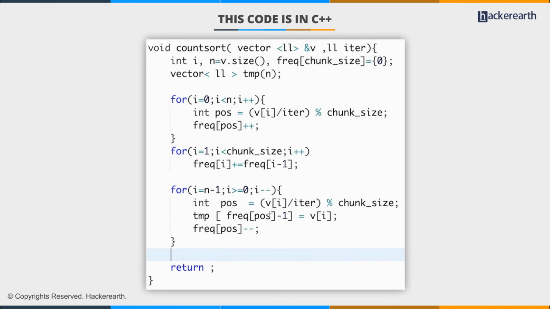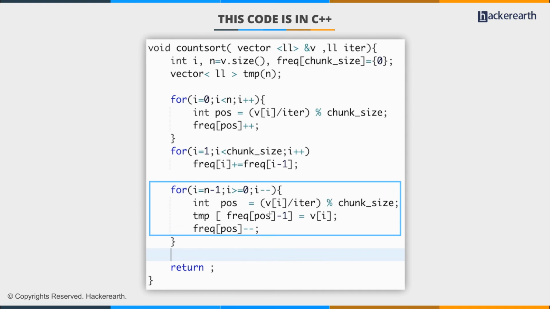This is the functioning of the count sort, and as we now start from the end, we start constructing a sorted array where the position of each and every chunk is determined over here, and frequency of pos minus 1. This integer here will determine what's the position of this current chunk, or the current number, in the final sorted array tmp. It is equal to v of i.